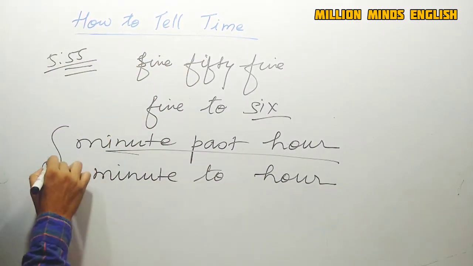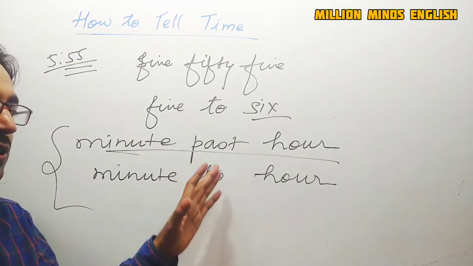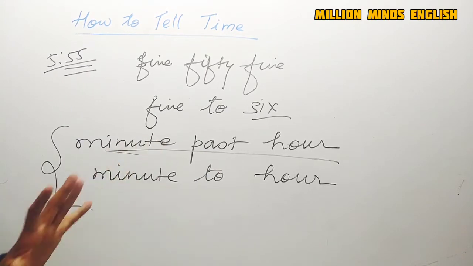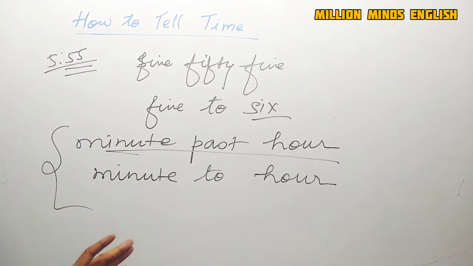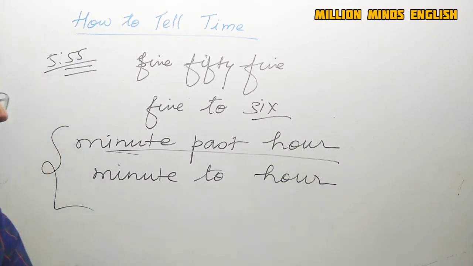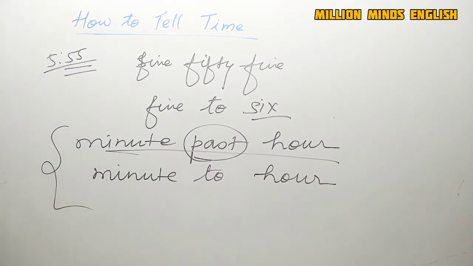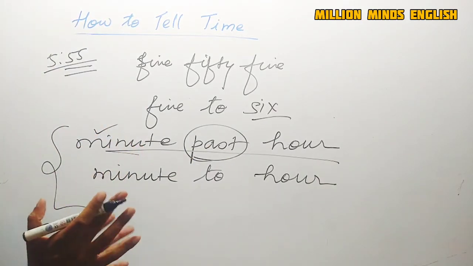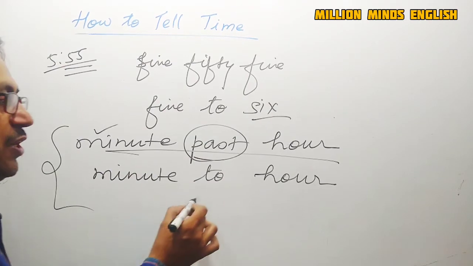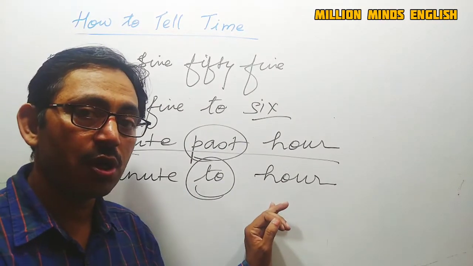The whole time structure of a clock depends on this formula. You will have to say minute first, and then you will say hour. And friends, past represents that the minutes you are using here have passed, have gone. And to represents that the minutes you are saying here are the minutes before o'clock.